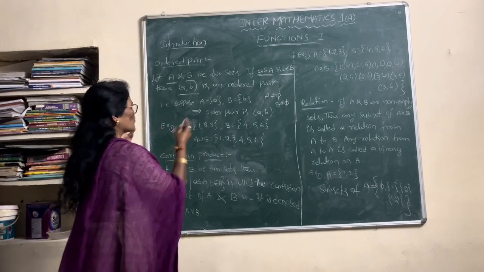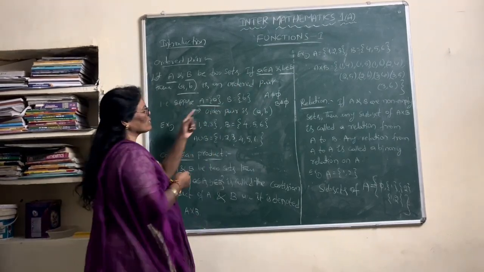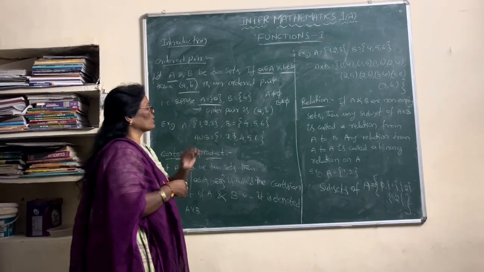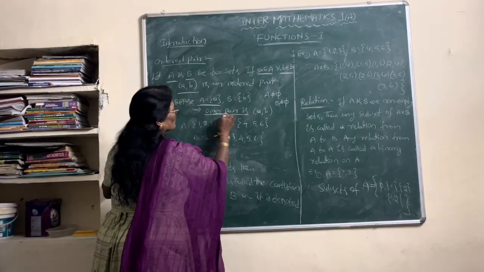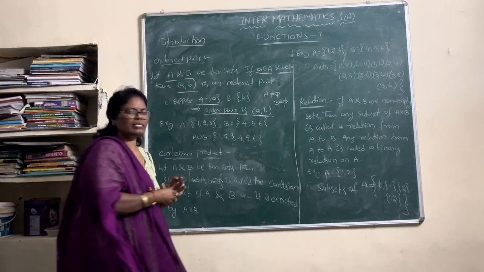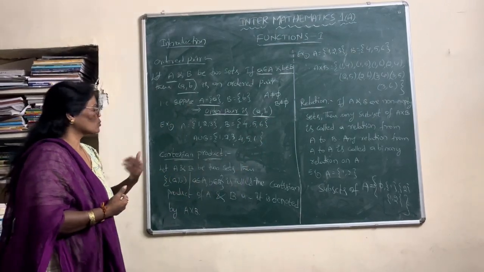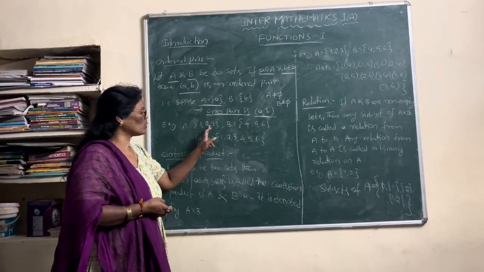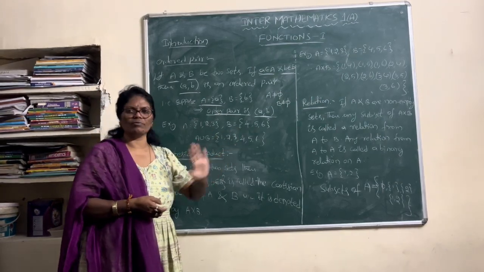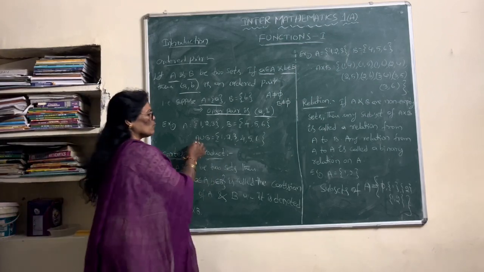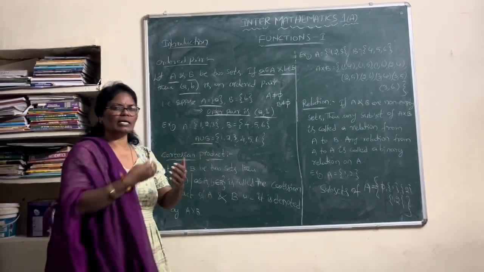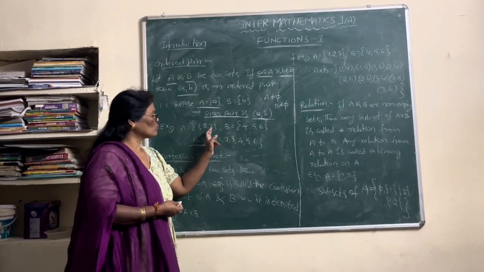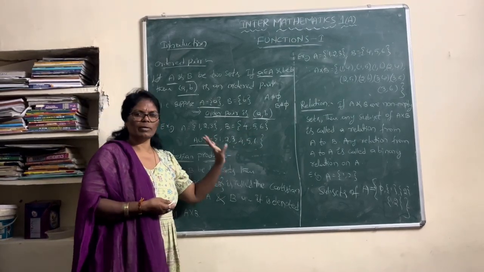Okay, so suppose A is the singleton element a and B is the singleton element b. Then the ordered pair we can write like this, (a, b). Suppose A is the set of elements 1, 2, 3 and B is 4, 5, 6. In A union B, union means combining all the elements, clubbing the elements 1, 2, 3 and 4, 5, 6 together.